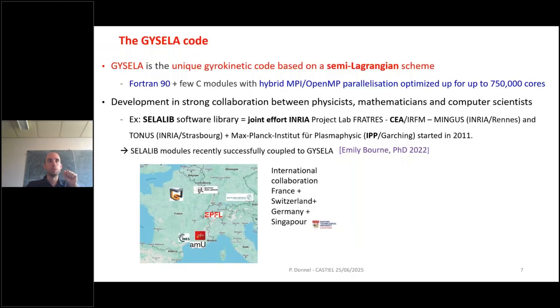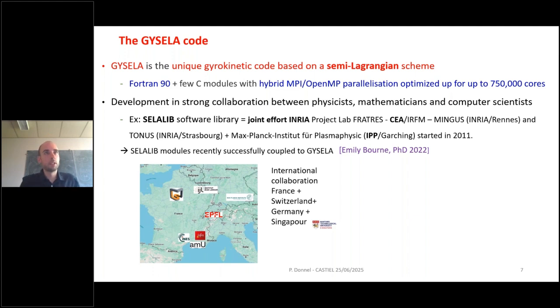So now let's go to the Gysela code, which is the unique gyrokinetic code based on the semi-Lagrangian scheme. It's written mostly in Fortran 90 with a bit of C modules, and uses a hybrid MPI OpenMP parallelization to run mostly on CPUs, even though we are starting to get to GPUs with this code.